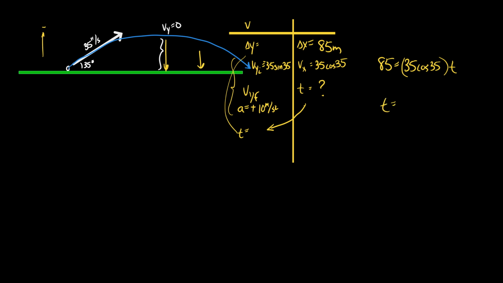Looks like that time takes a little more than 2 seconds, 2.96 seconds. So it gets there at 2.96 seconds. I want to find out how high the ball is at 2.96 seconds.